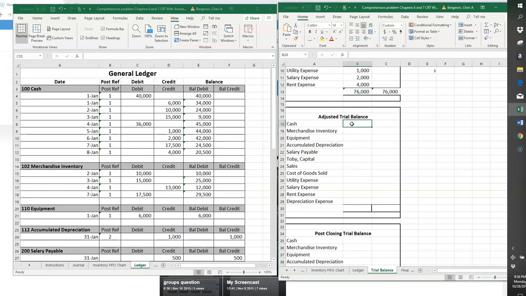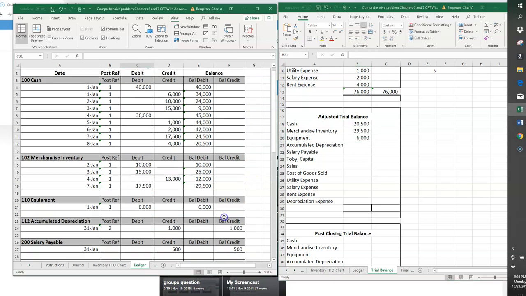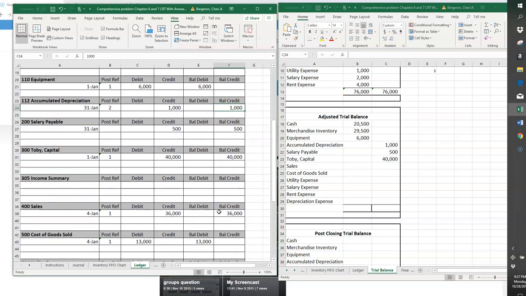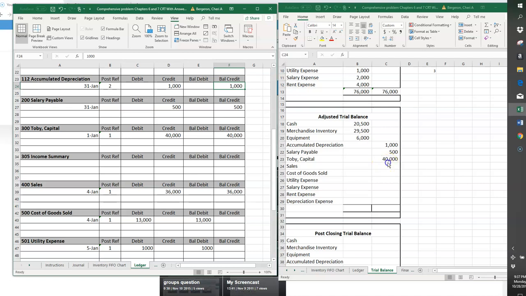So my cash, $20,500. My merchandise inventory, $29,500. My equipment, $6,000. My accumulated depreciation is a credit of $1,000. My salary payable is a credit of $500. My Toby capital is a credit of $40,000. My next account that has a balance is sales of $36,000.